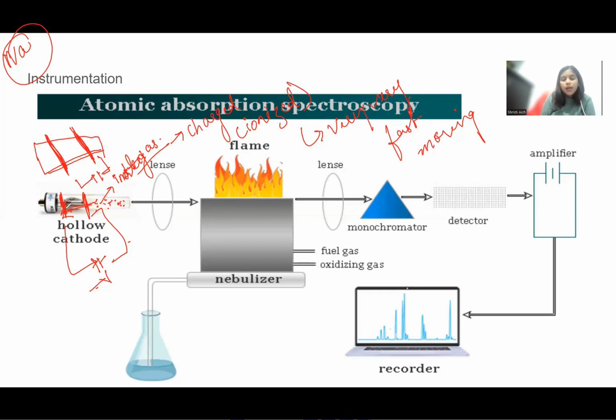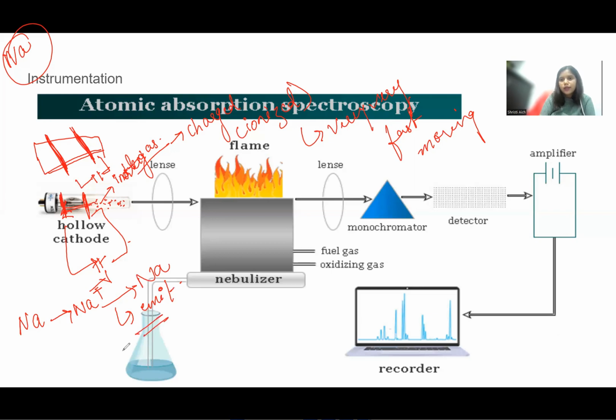Now what will happen? This cathode is made up of sodium, so some atoms of sodium might get excited, it might also get charged, and it will get ionized and again come back to the normal form. So it will emit energy.